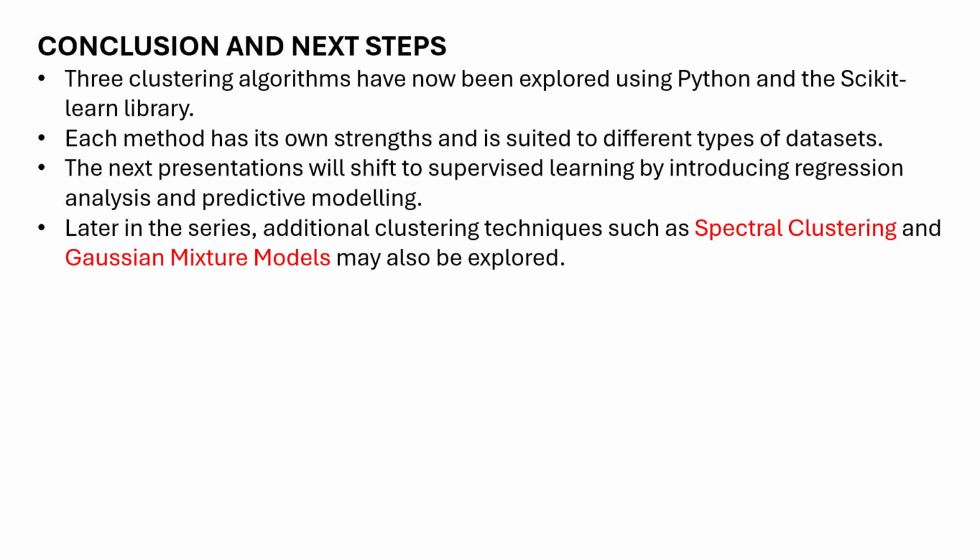The next presentations will shift to supervised learning by introducing regression analysis, where the objective is to predict a continuous dependent variable such as house price from one or more explanatory variables. Later in the series, additional clustering methods, including spectral clustering and Gaussian mixture models, may also be explored to provide a broader understanding of unsupervised learning.